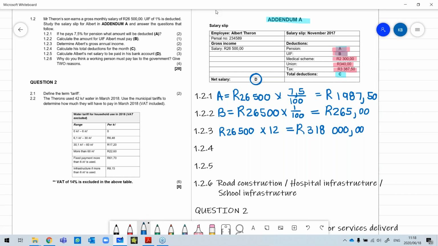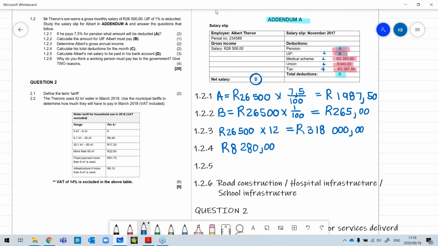So if we add all of these values together, it is going to give us a total of 8,280 Rand. Total deductions.